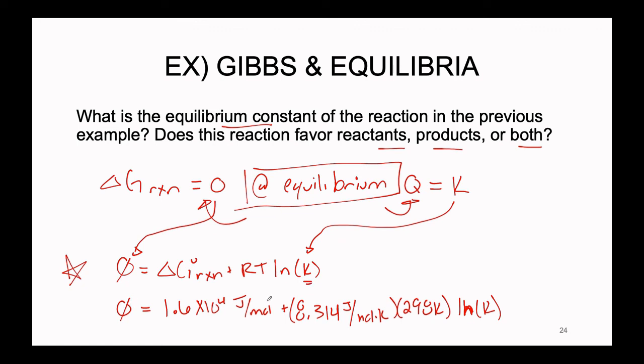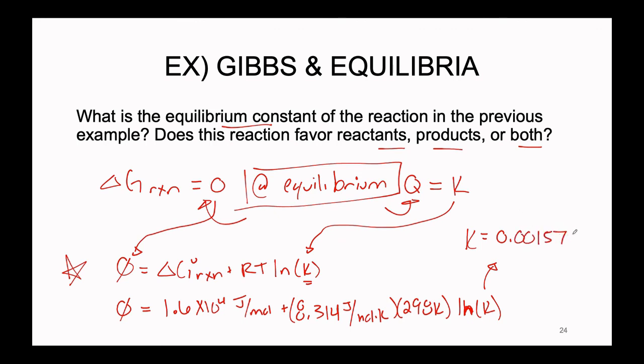So now we have a way to algebraically rearrange and solve for what K is going to be equal to. I leave this algebraic exercise to the viewer since you're going to have to be able to perform these algebraic calculations on your own, but I will give you the final answer just so you have something to compare to. Your K, your equilibrium constant, is going to be equal to 0.00157.